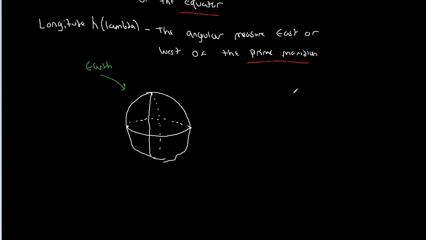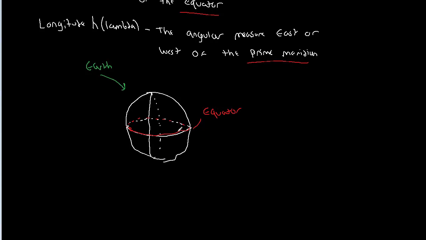But the first thing that I want to do is describe some terminology. So we cut the Earth in half here. This line here, right? This is the equator. So the equator is the plane that divides the Earth in half into a north half and a south half.